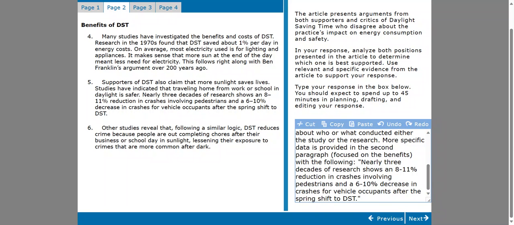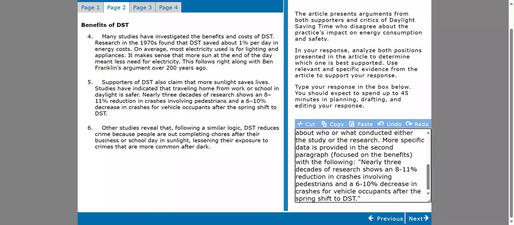Okay, and so, right, writers, I've got my next sentence here after doing some editing. More specific data is provided in the second paragraph, focused on the benefits with the following. And then I give that obvious specific data, but we still don't have specific sources.